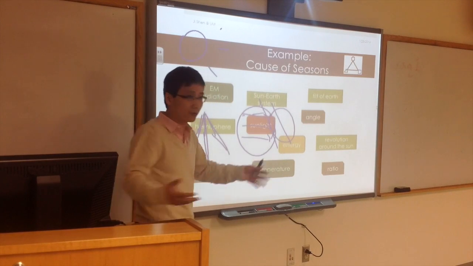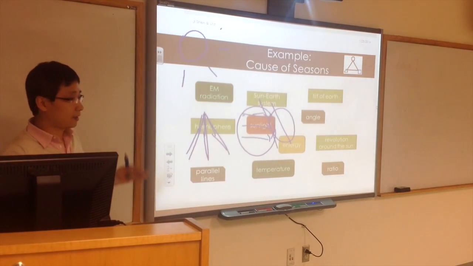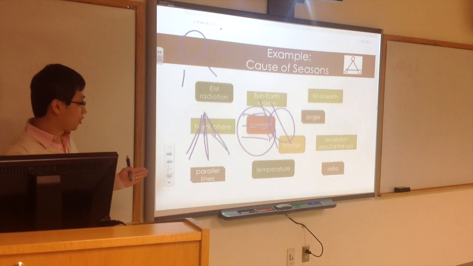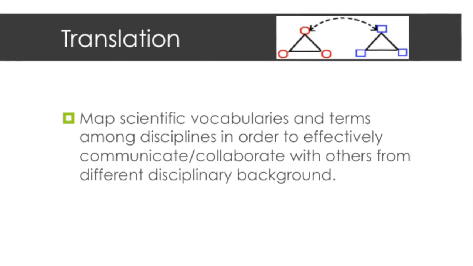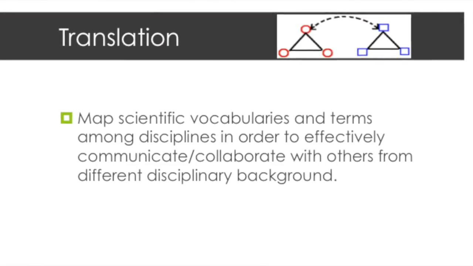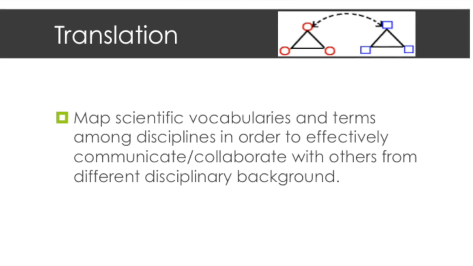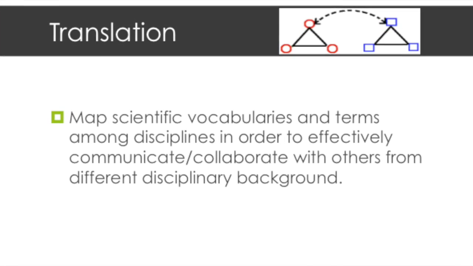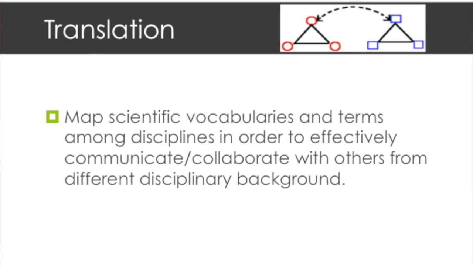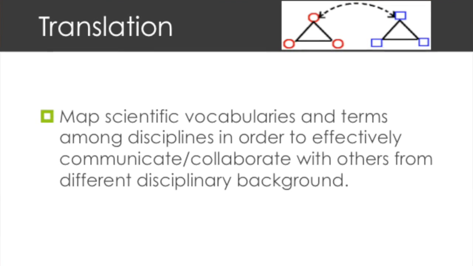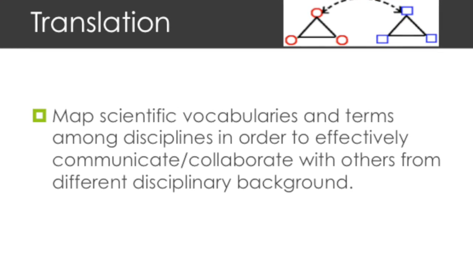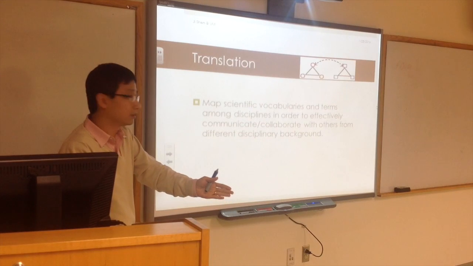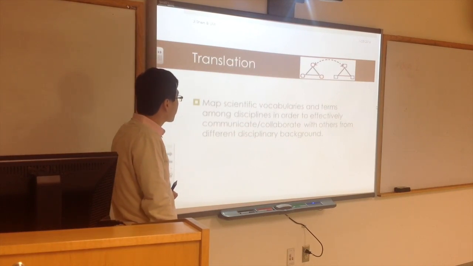So when you encounter these new terms, you don't necessarily understand those terms from that particular disciplinary perspective, right? You might take on your own explanation. So what I want to emphasize in the translation is you map these scientific vocabularies and terms among disciplines in order to really communicate and sometimes collaborate with others, right? So we want to make sure we are talking about the same thing that we agreed upon, okay?